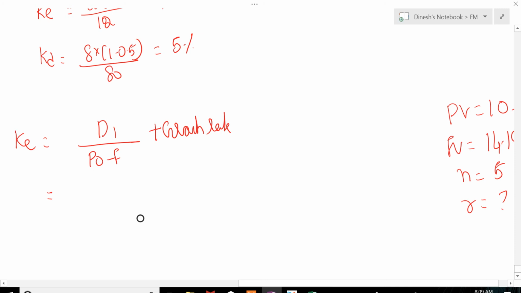Leave some 3 lines. Calculation of growth rate. Point number 1. The company paid a dividend of 10 per share in year 0.